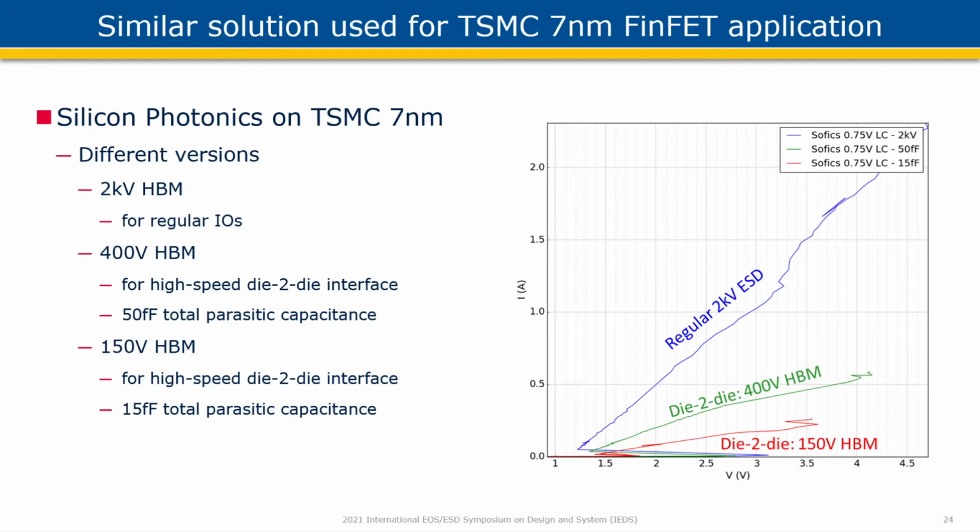The second version is targeted at 400 volts HBM for high-speed die-to-die interfaces with a total parasitic capacitance of 50 femtofarads. The final version is a smaller one targeted at 150 volts HBM for high-speed die-to-die interfaces with a total parasitic capacitance of 15 femtofarads.